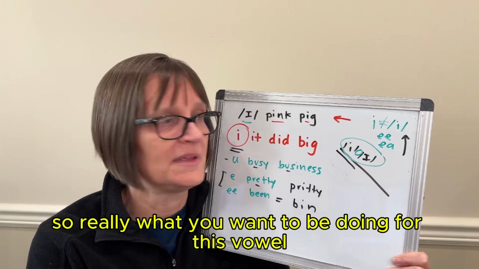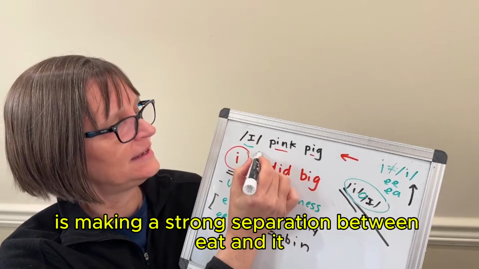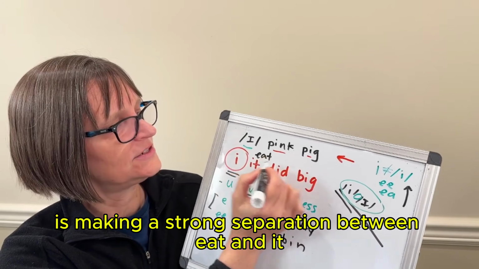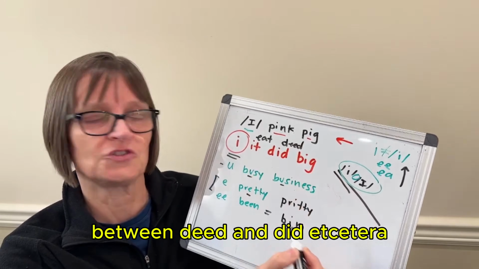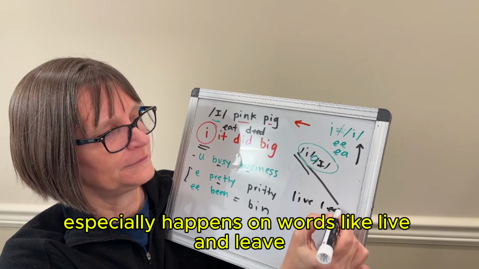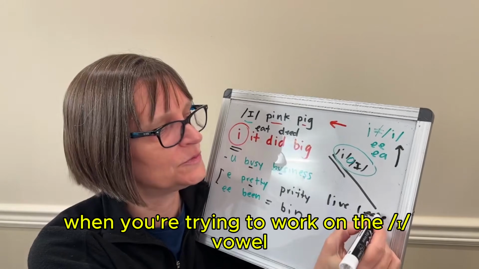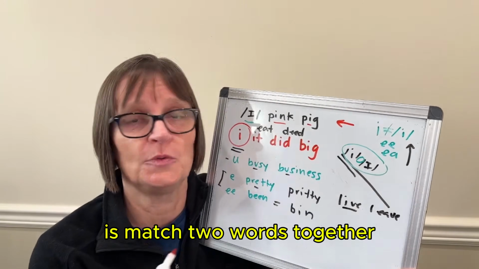So really what you want to be doing for this vowel is making a strong separation between eat and it, between deed and did, etc. This especially happens on words like live and leave. And so what I always encourage when you're trying to work on the I vowel is to match two words together.